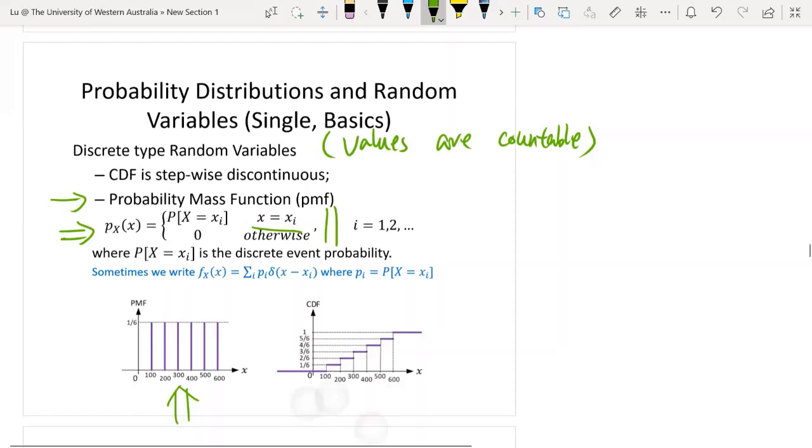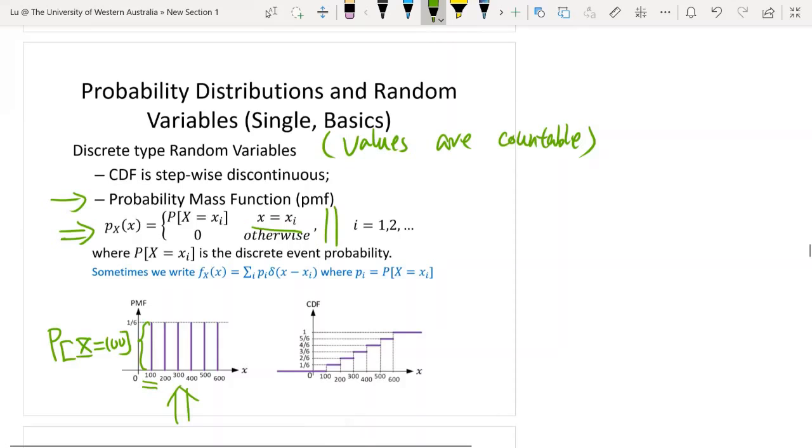And at a particular point, for example, 100, the height of the impulse is indicating the probability that the random variable x, the bonus money, of course, is equal to 100. So from that table, we have derived the probability for this case is 1/6. So the height is 1/6.